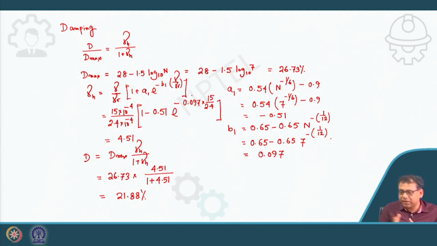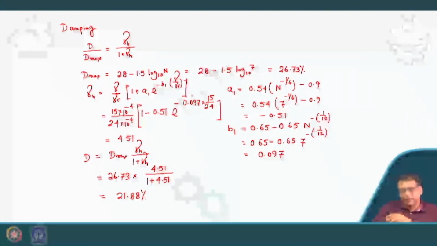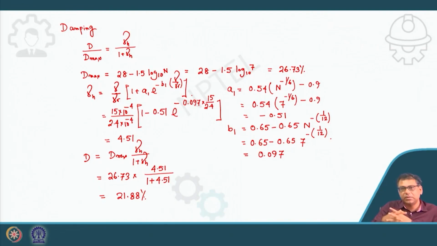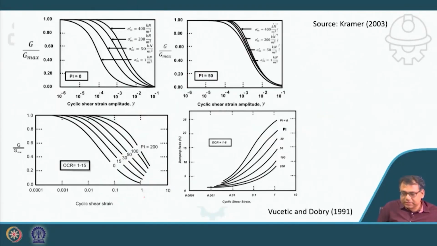Okay, so D max is 26.73%, the maximum damping. So now at 0.15% strain, damping is 21.88%. Okay, so it is reaching towards the D max as strain increases.